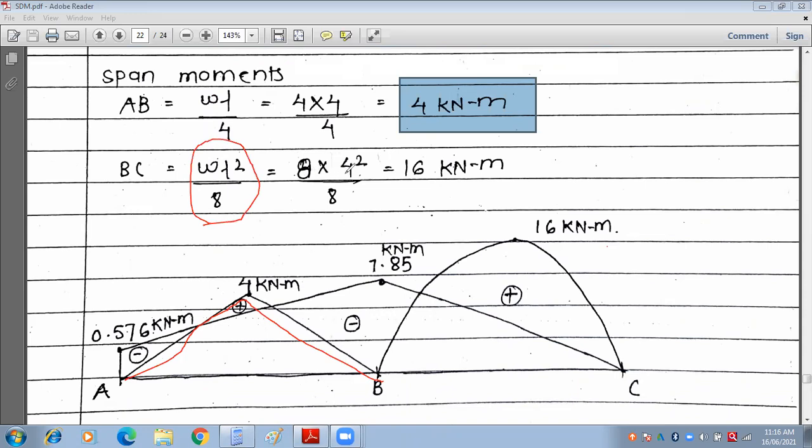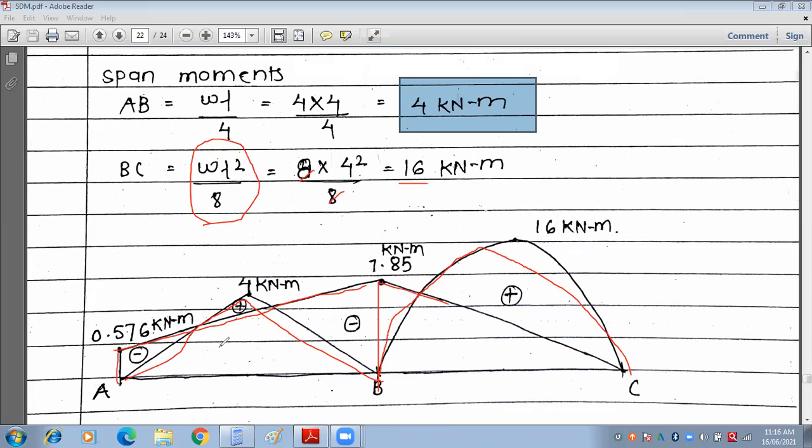W is 8, span is 4, so 4 square divided by 8, the 8 gets cancelled, 4 into 4 is 16 kilonewton meter. It is a UDL, therefore it is a parabolic curve. Over this simply supported moment, we have to overlap the fixed end moments 0.576, 7.78 and 0, and join them by a straight line.